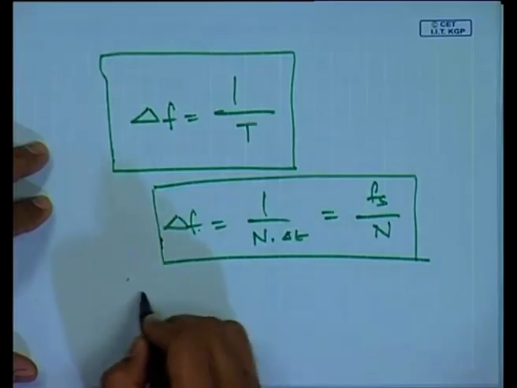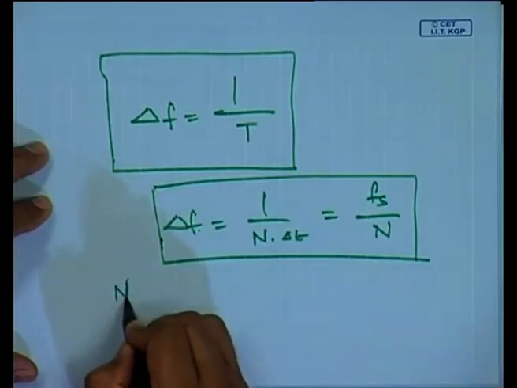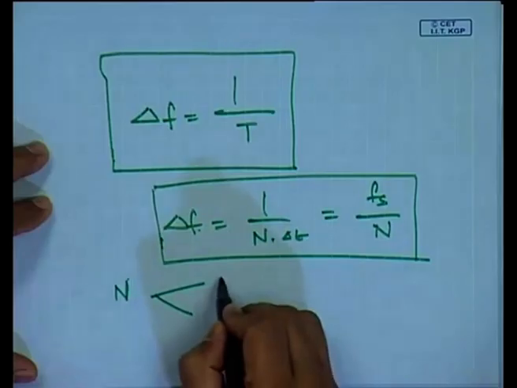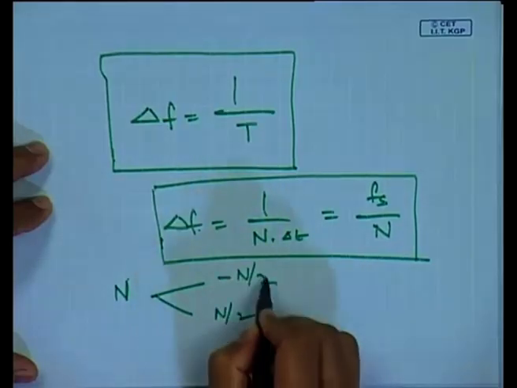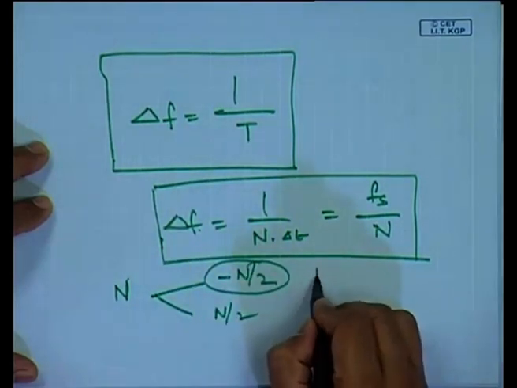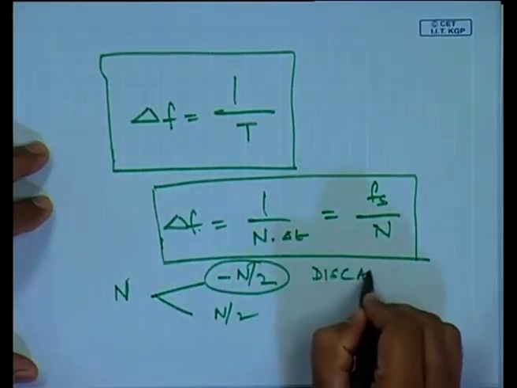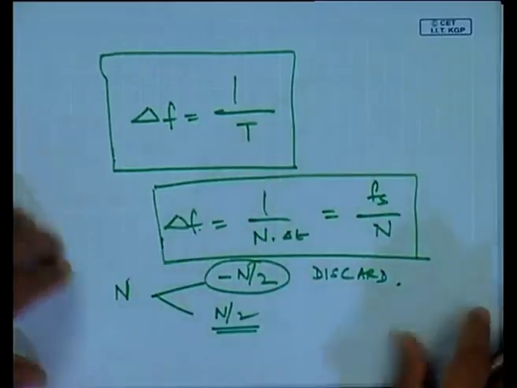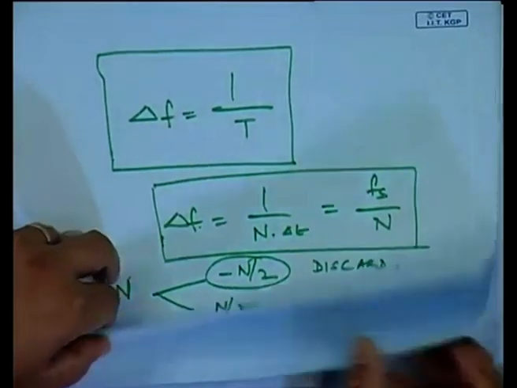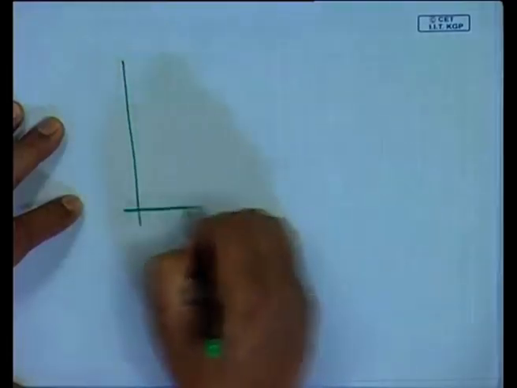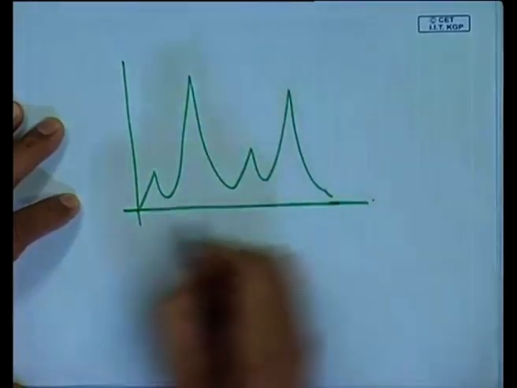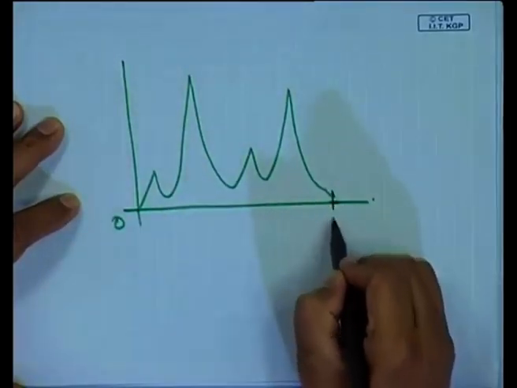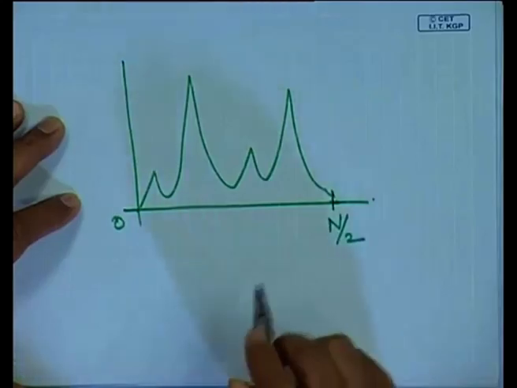Now, as I was telling you, once we have n data points, we will have frequencies going from minus n by 2 to n by 2. These are the negative frequencies which we discard. So, the maximum frequency in the FFT will be from 0 to n by 2.